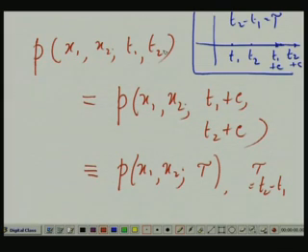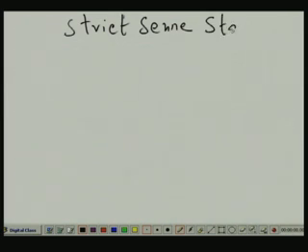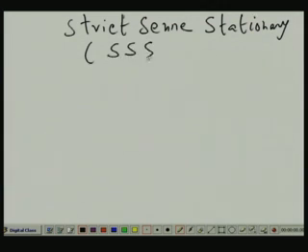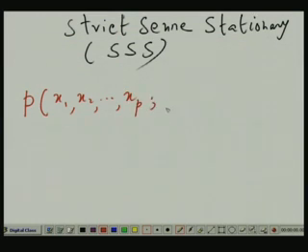So, in general, from this you can now generalize the thing, that if it is strict sense stationary, maybe I write out here strict, because I did not write anywhere, strict sense, called S. So, in general, if you have x1, x2 dot dot dot up to xp, colon, t1, t2 dot dot dot tp, what does it mean?